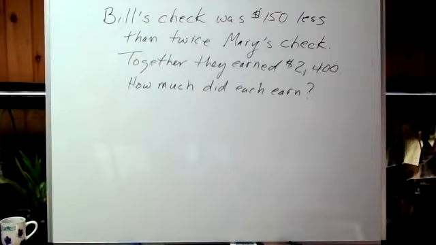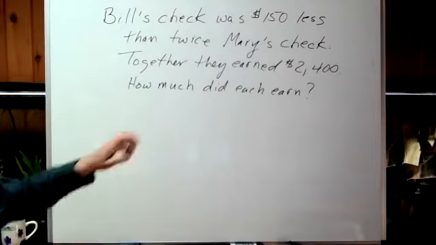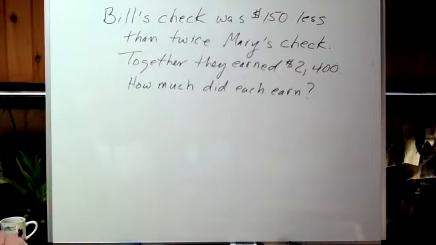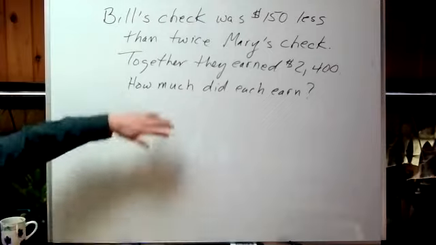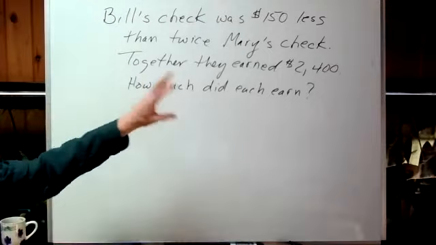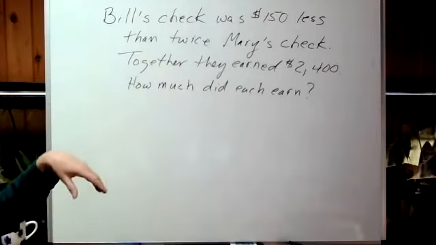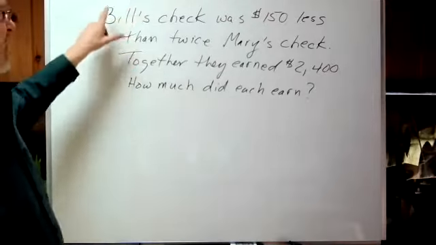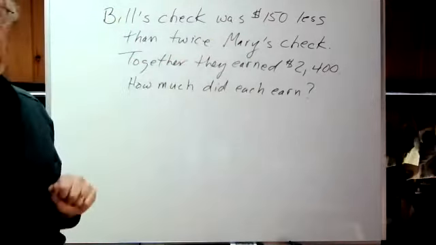What are we looking for? Well, we're looking for how much they both earned, but whose amount is the problem described in terms of? Eventually this is asking for both amounts, but the description is based on Mary's amount.